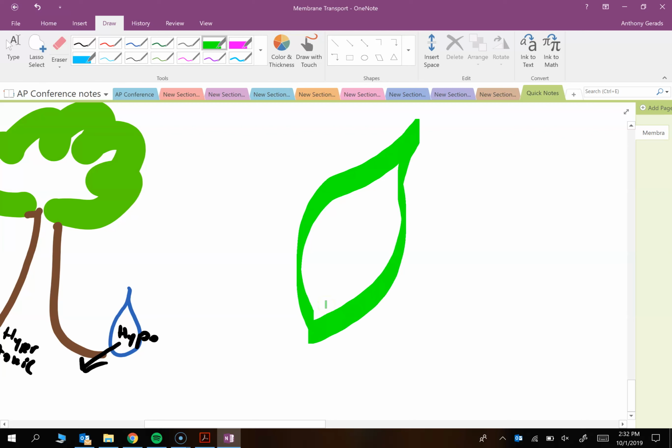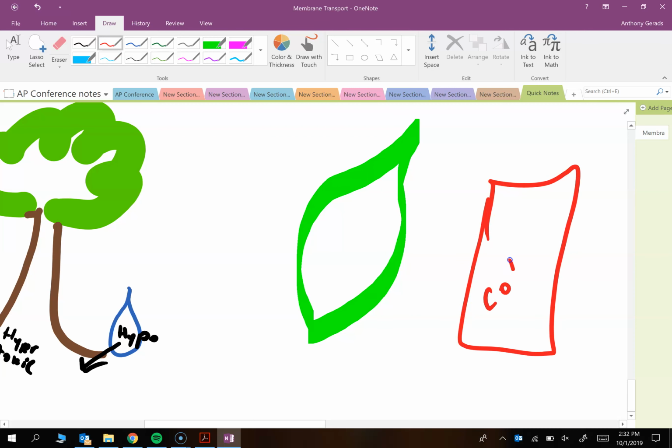Let's say I've got this leaf and I give it like Coke. Not cocaine. I give it Coca-Cola. Okay. What happens is that it killed the leaf.